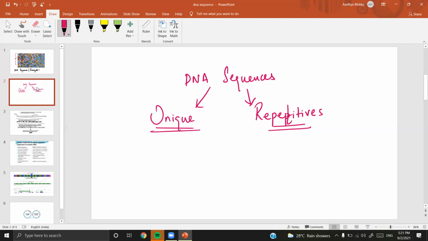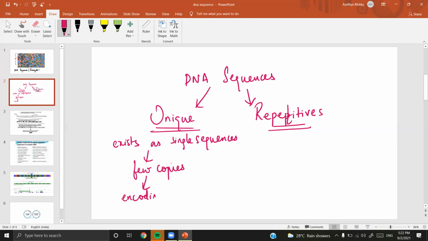Okay, unique sequences are going to exist as single sequences. These may have only a few copies in the genome, and these are the ones which are encoding your functional proteins. Got it?